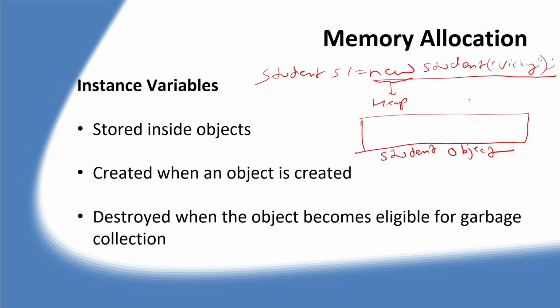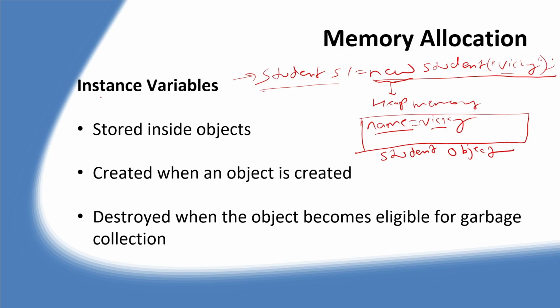Instance variable. So here we are passing one value, that is name. So name is the instance variable, and what value it will be having? Wiki. Okay, so this is a student object, having instance variable name with value wiki, and it is created in the heap memory when we are using new keyword.